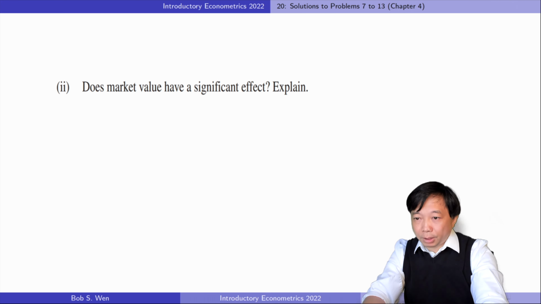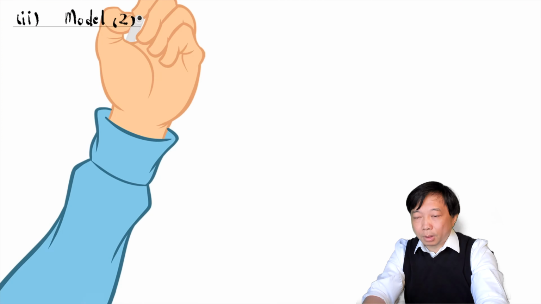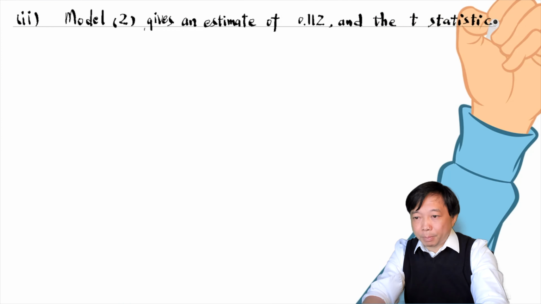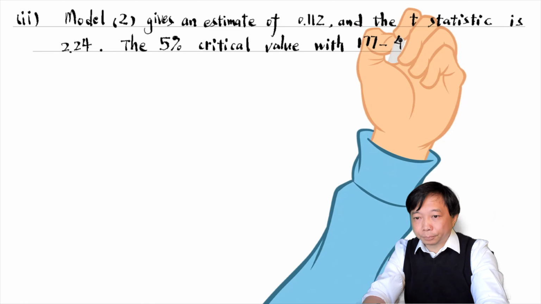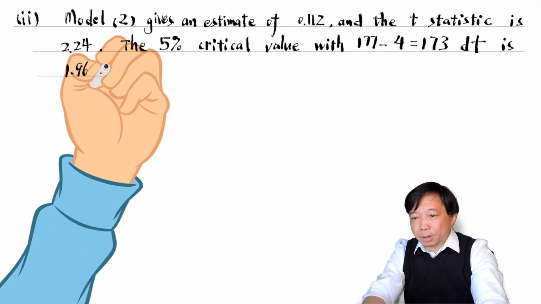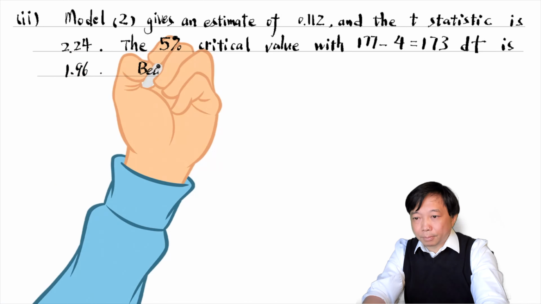The second question concerns the firm's market value's effect on the CEO's salary. Model 2 gives an estimate of 0.112, and the t-statistic is 2.24. The 5% critical value against a two-sided alternative with 173 degrees of freedom is 1.96.